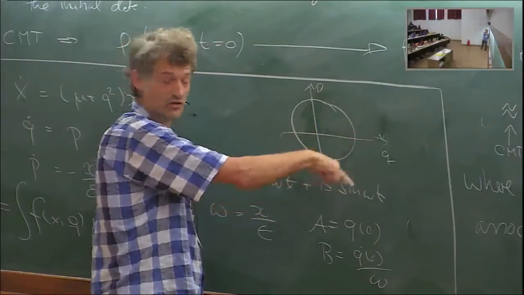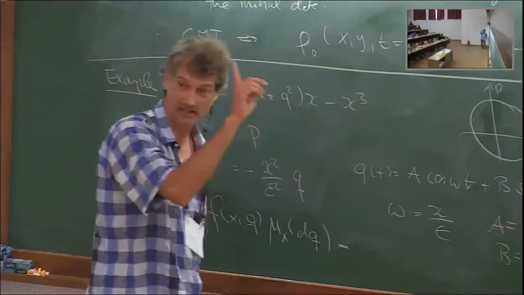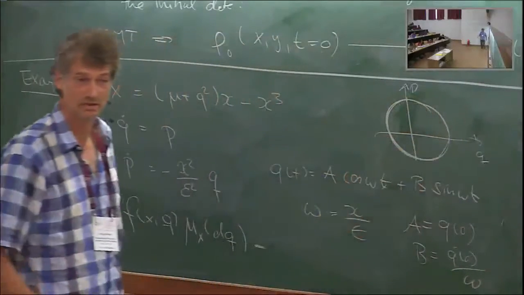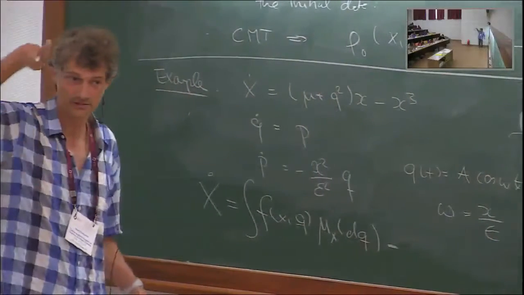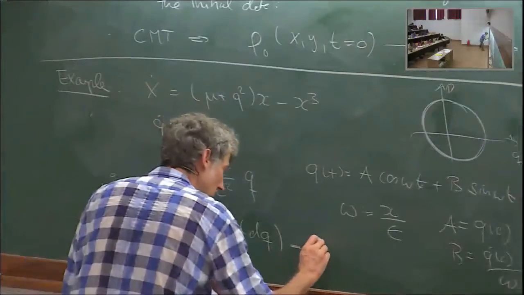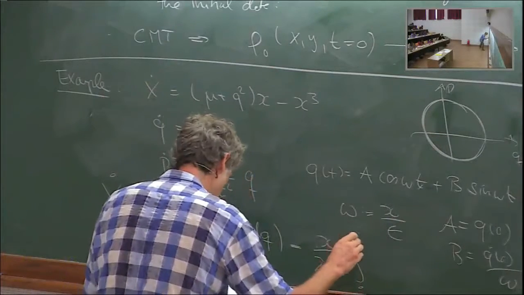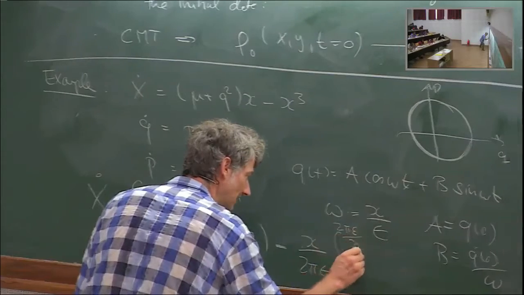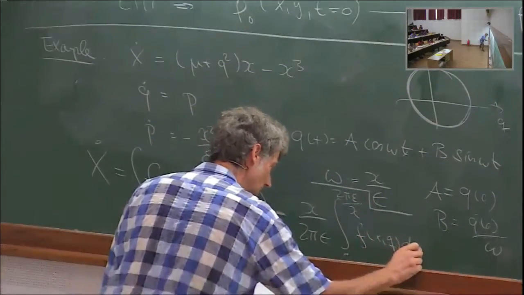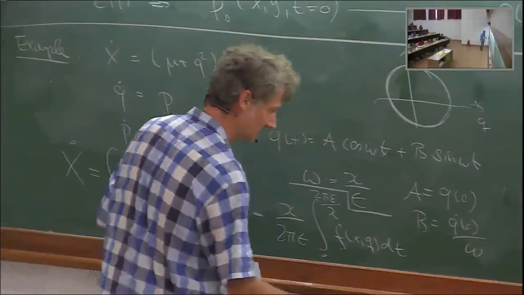This is not a time average, this is just expressing this measure on the circle and parameterizing the circle by time, one oscillation by time. So this would be 1 over the period, which is x over 2 pi epsilon, times the integral from 0 to 2 pi epsilon over x of f of xq dt. We parameterize with t.